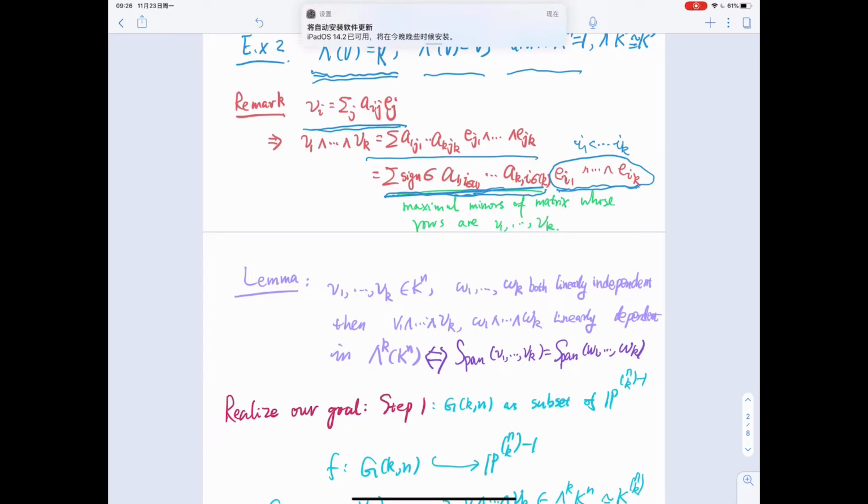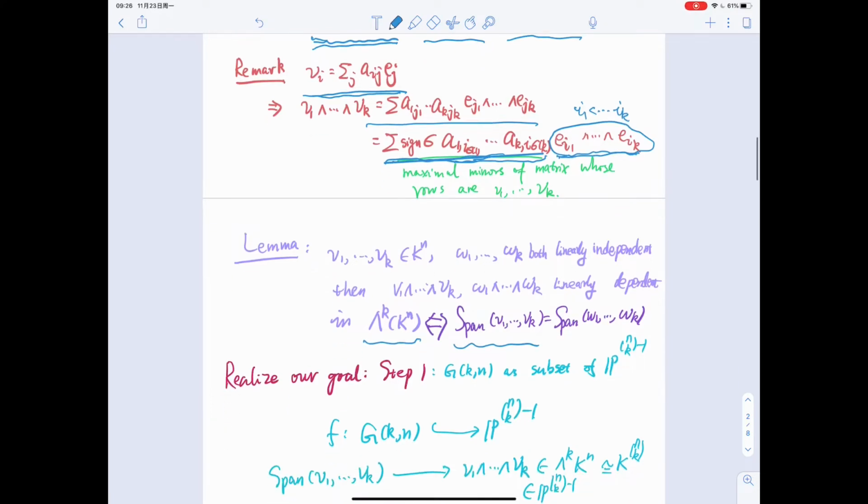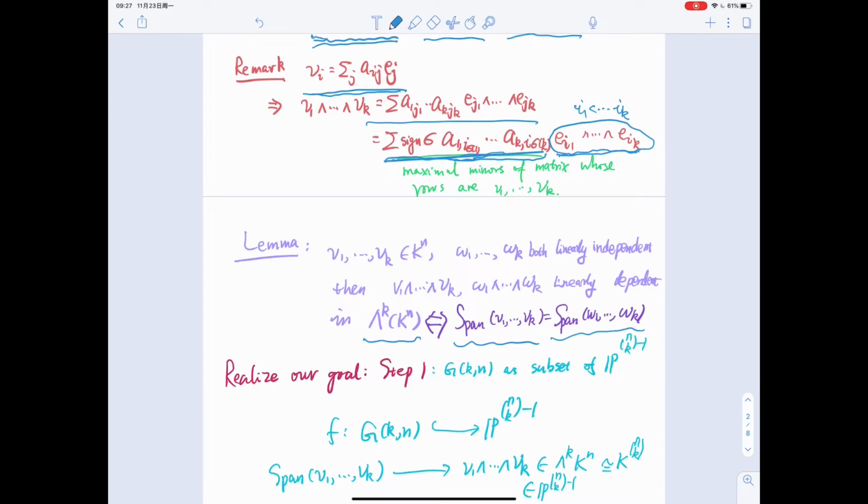To realize our goal, we need a lemma. It says: if v1, ..., vk in our vector space and w1, w2, ..., wk in the vector space are both linearly independent, then v1 wedge ... wedge vk and w1 wedge ... wedge wk are linearly dependent in Lambda^k K^n if and only if the span of v1, ..., vk equals the span of w1, ..., wk.